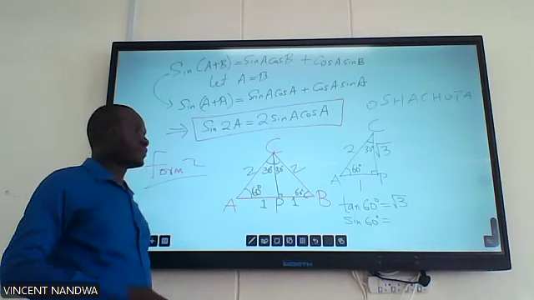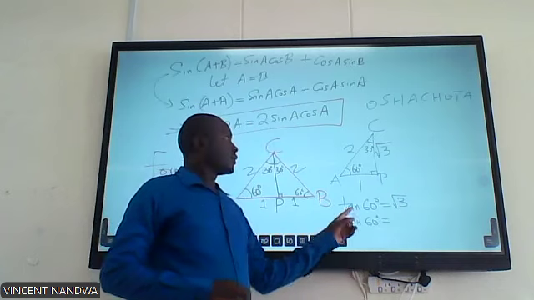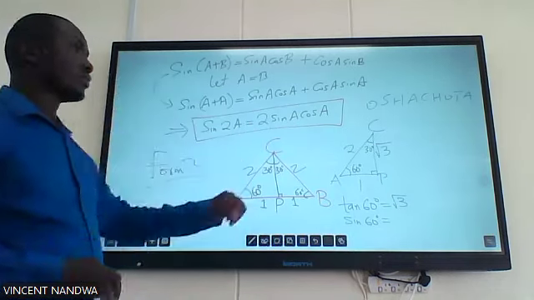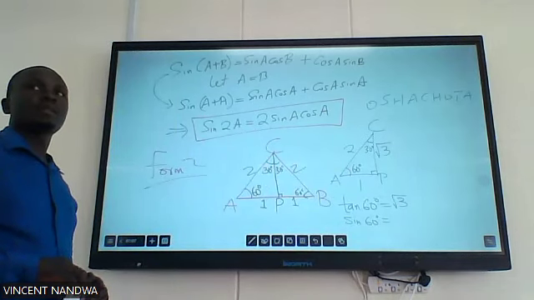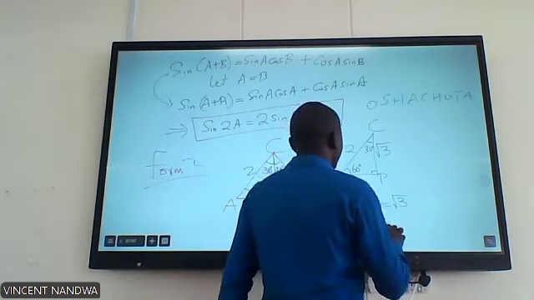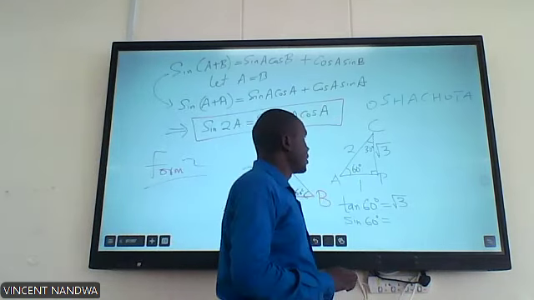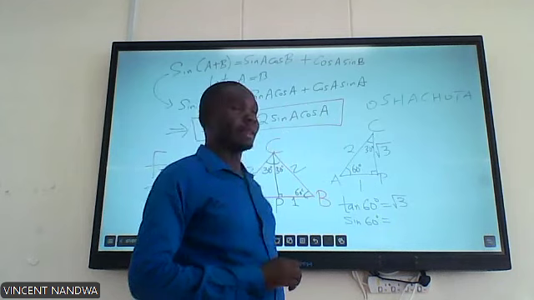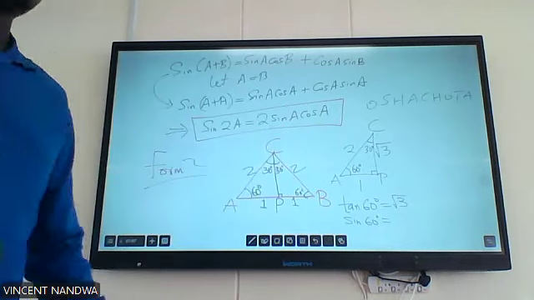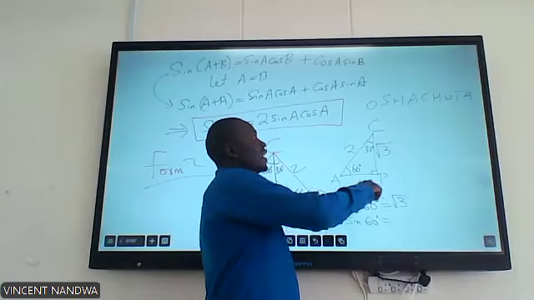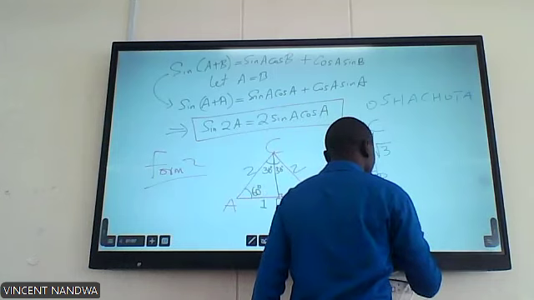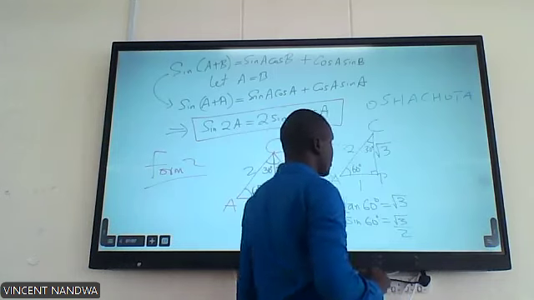What is sine of 60? Sine is opposite over hypotenuse, okay? So this is root 3 over 2. So that's what we have.